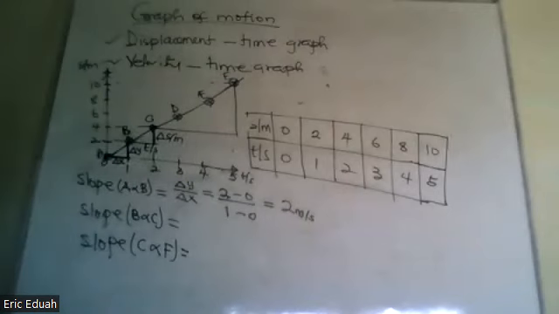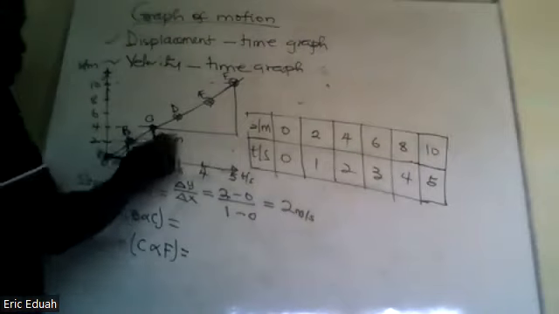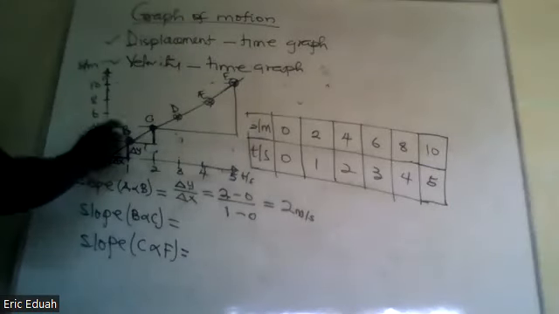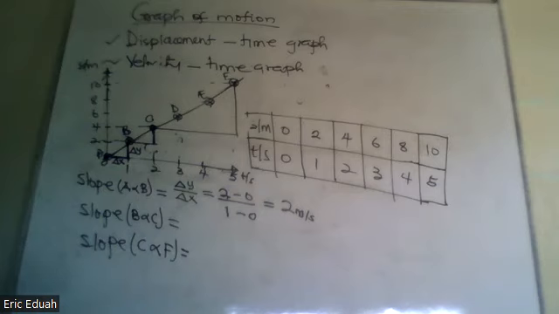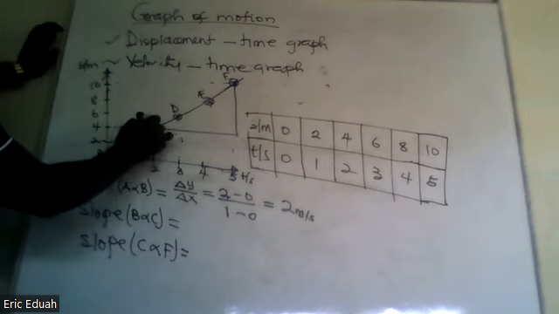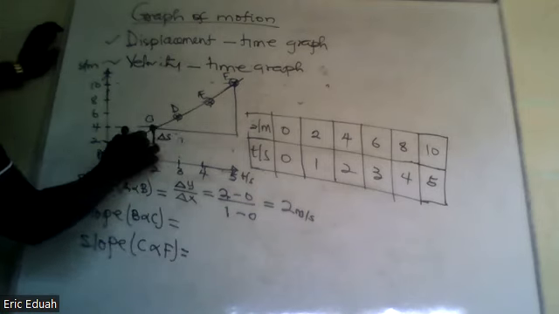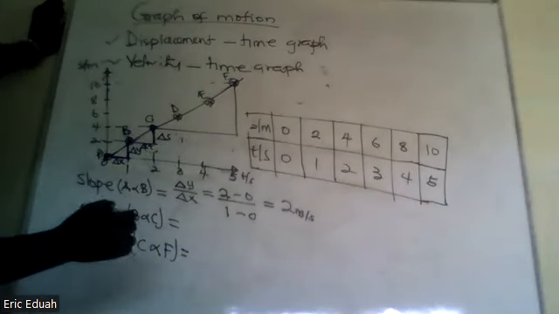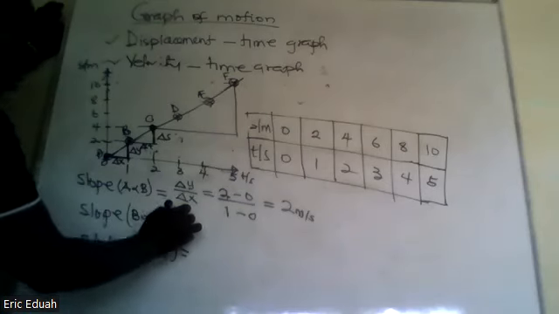Bedu, Mamiaba, Immaculate and Kenneth, are you fine? Okay. So Bedu's slope for A and B is 2 meters per second. Let's look at B and C, the task for Immaculate. So the same thing, this is your change in S, change in T. Immaculate, what is your Y2? 4.